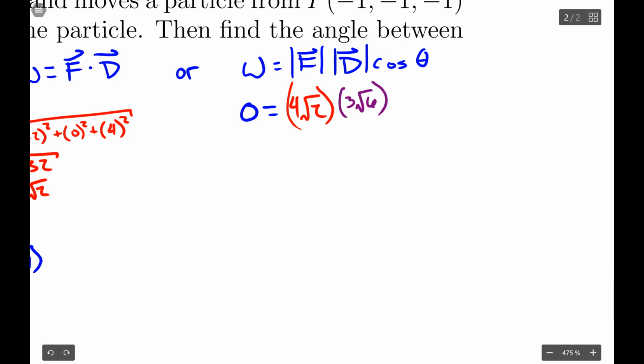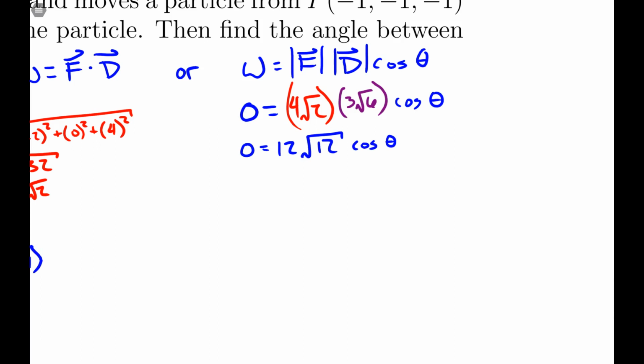Lastly, we don't know what cosine of theta is. That's what we're actually trying to find out. So 0 happens to be 12 root 12 times cosine of theta. And I'm not worried too much about rationalizing this at all or about simplifying this at all. If we divide both sides by 12 root 12, then we actually get 0 is cosine of theta.